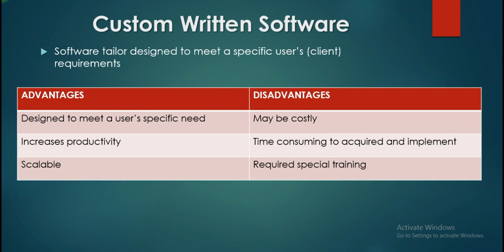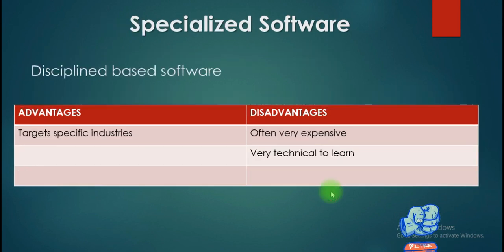And of course, it has to go through the testing process, all of that, alpha and beta processes, before it will be fully ready for you to use. All right, and it does require special training also. Then we have specialized software.